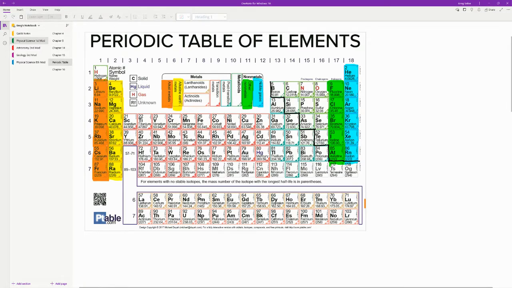So with 6 protons and 6 neutrons, I have 12 as my atomic mass, right?